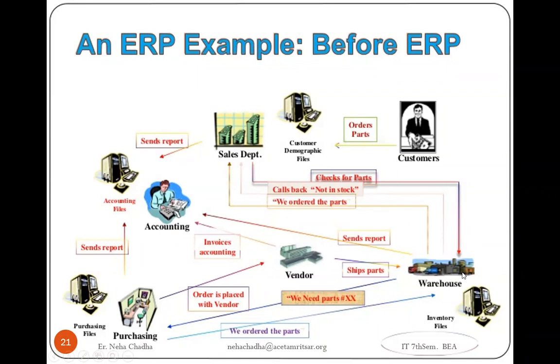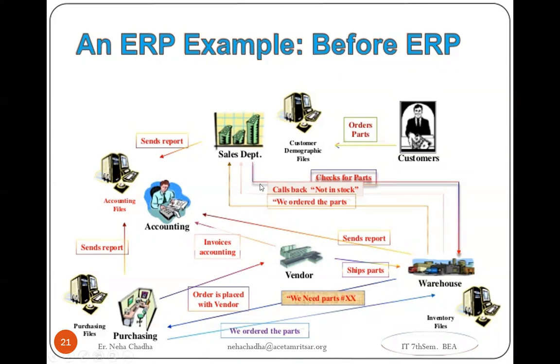There is a warehouse department. The warehouse department also needs some parts. They may go to the purchasing department, but still they haven't included the accounting department. It means they are not using other departments, so they work individually.